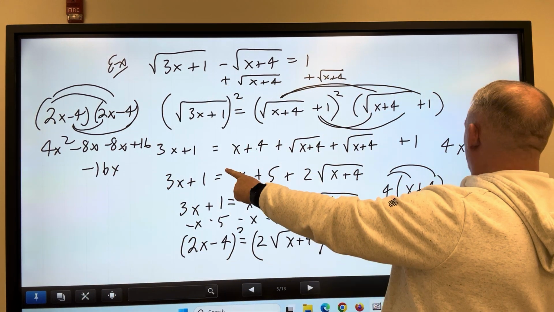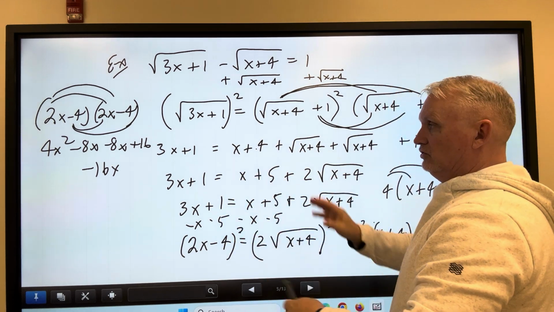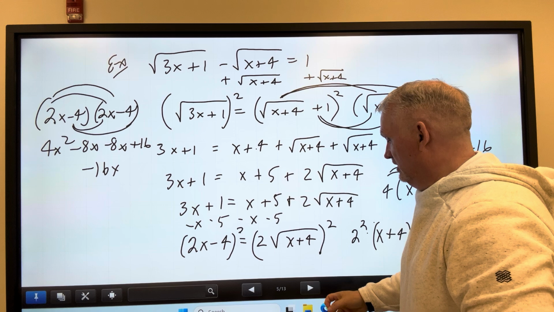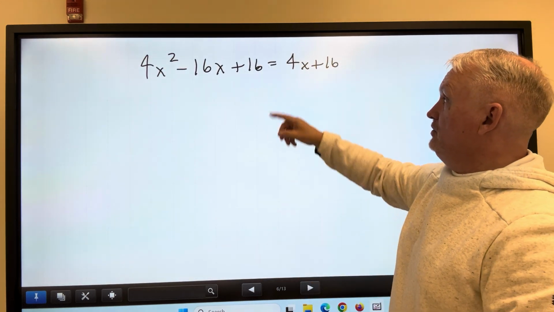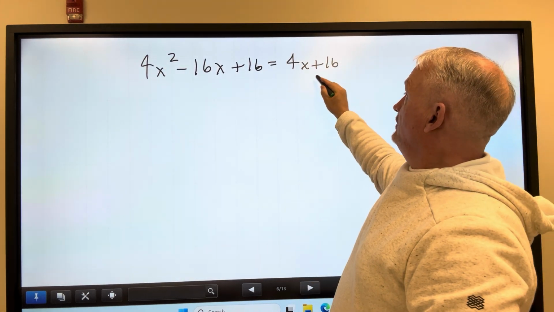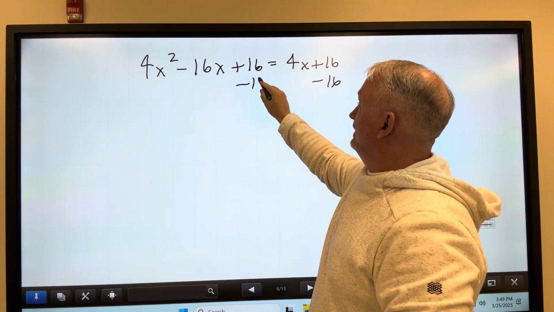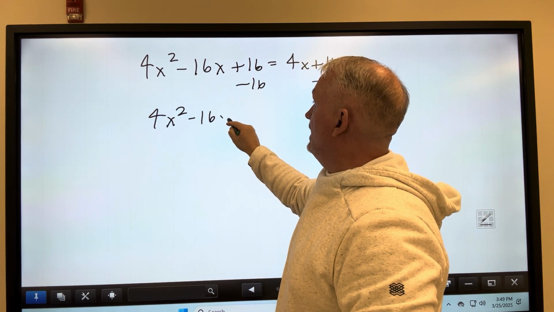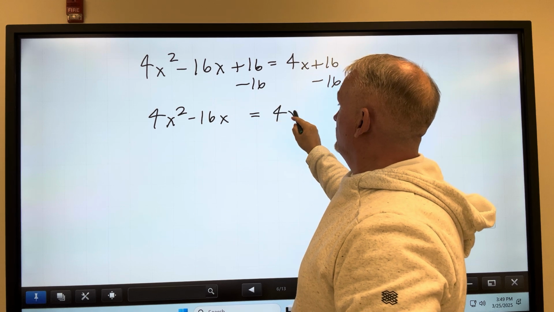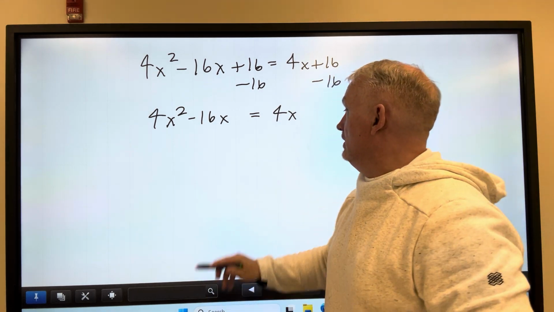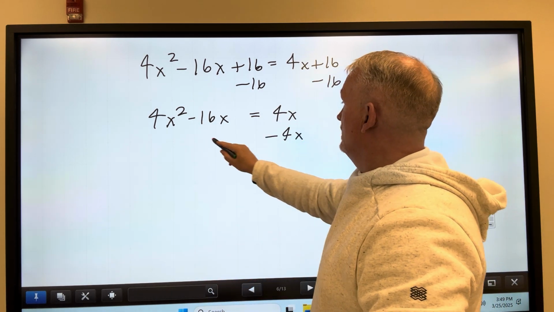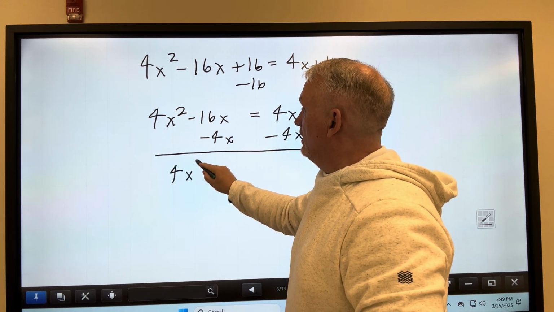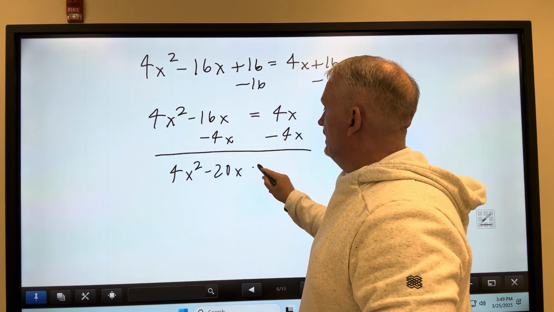If I subtract 16, those 16s go away. If I subtract 4x, I get negative 20x. If I do this, then I subtract 16. So I get 4x squared minus 16x is equal to 4x. I want to get it to 0. Subtract 4x. Subtract 4x. I get this, 4x squared minus 20x is equal to 0.